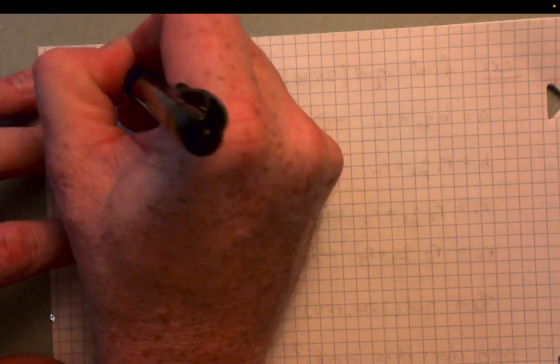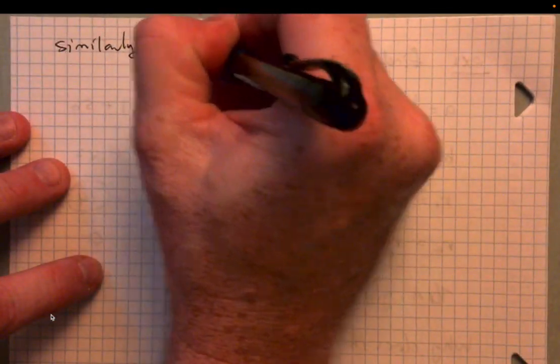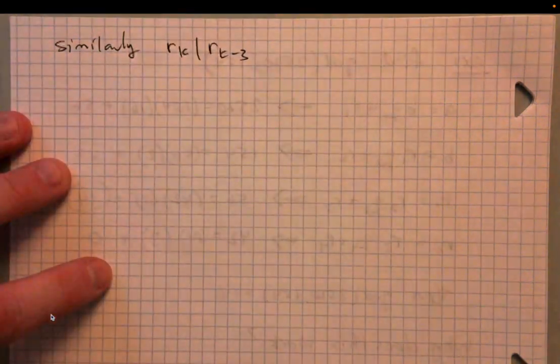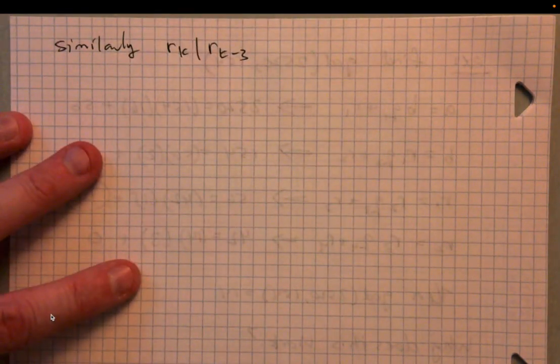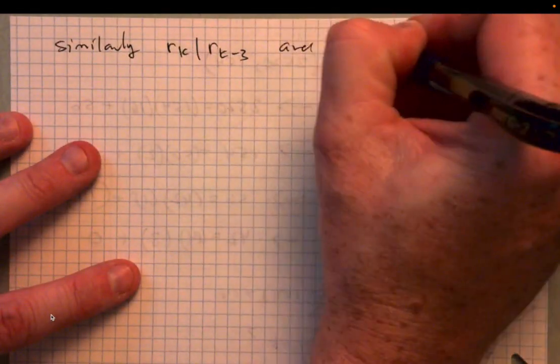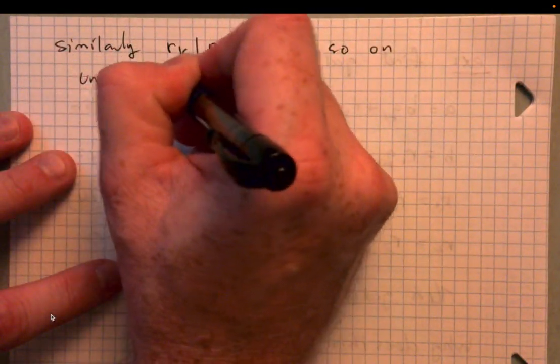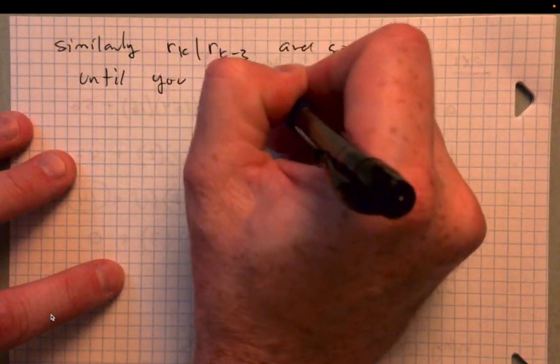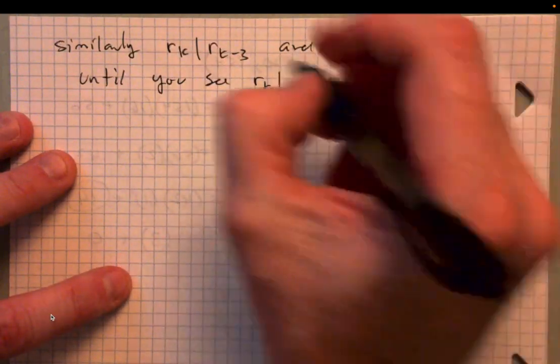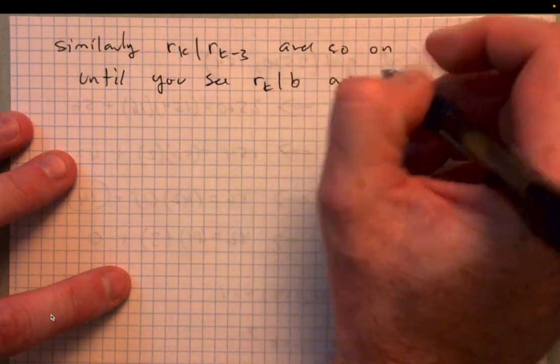Right. So similarly, r of k divides r of k minus 3, right, and so on. And you can keep this up until you see that r of k divides b, and ultimately r of k divides a, right?